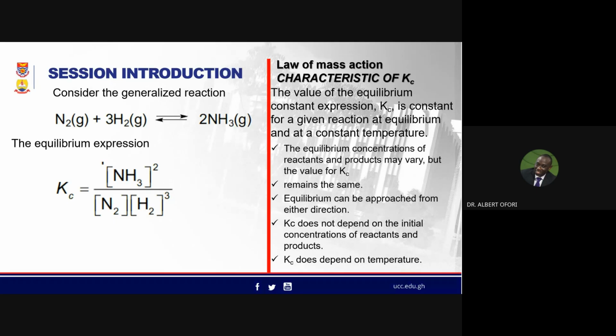We'll come to Le Chatelier's principle, where we'll see that at a point the product will be increasing, and at a point the reactant will be increasing. So when the teacher was teaching the student, he said at this point the product will be increasing, at this point the product will be decreasing. There's a student who actually got lost there.